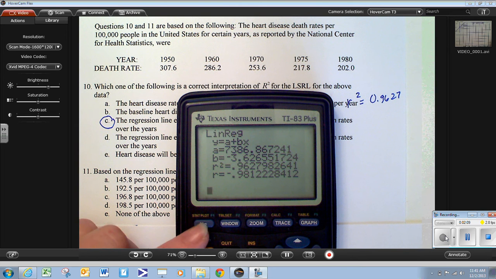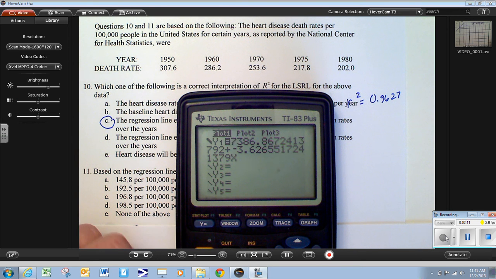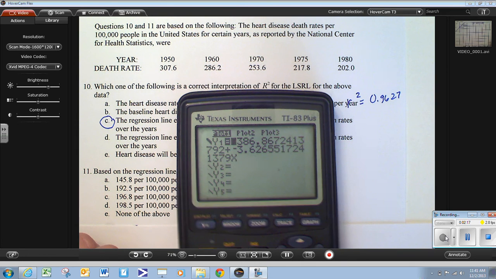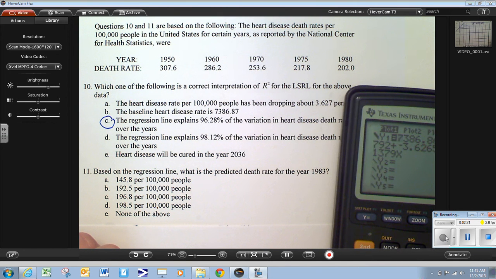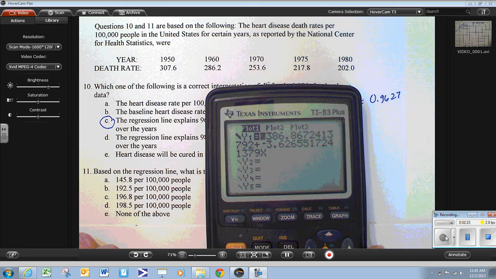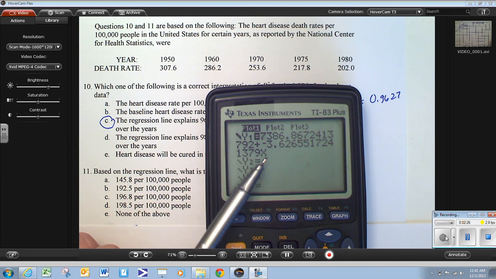Once that value has been calculated, it is directly in my y equals with all the place values the calculator is able to hold, and I'm going to look for the key value. It asked about a value for the year 1983. So I need to substitute 1983 in place of x, and I can allow the calculator to hold those place values.